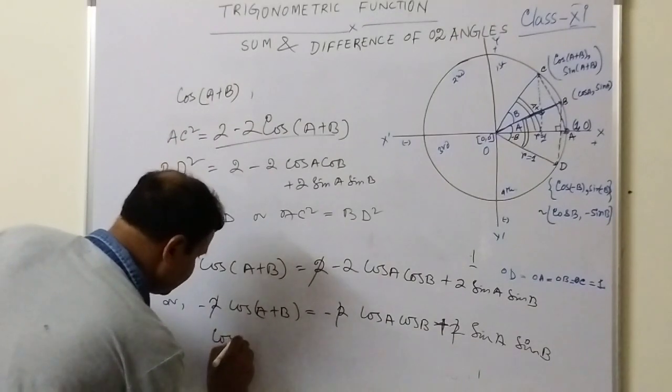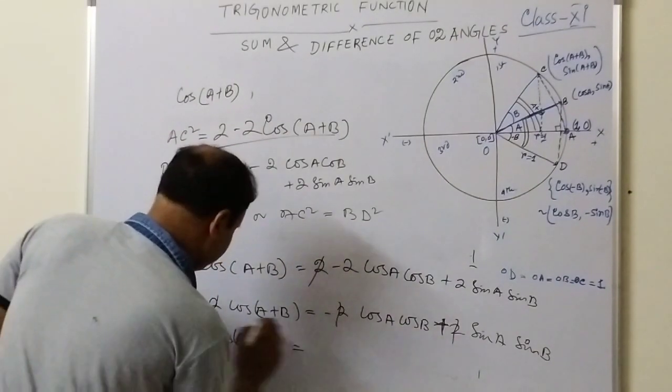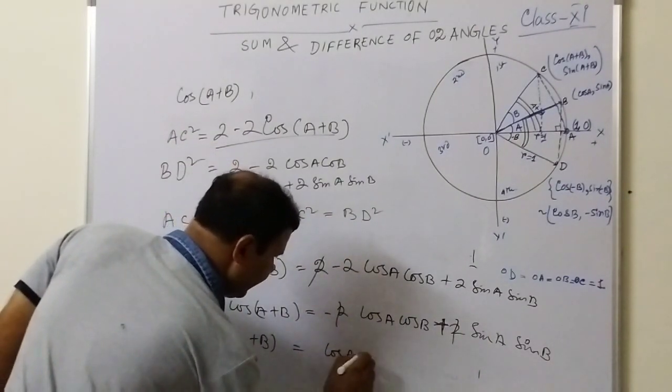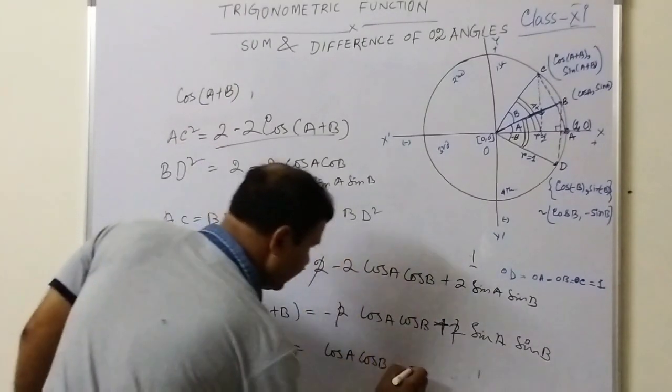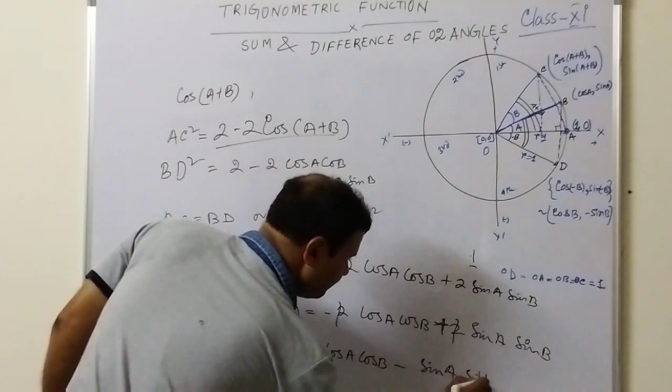So cos A plus B equals cos A cos B, then minus sin A sin B.